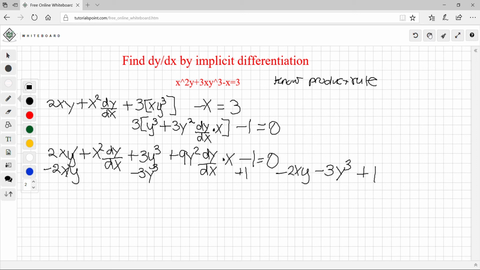Okay, so the 3y cubed cancels, and the 1 cancels. Now you're left with this, right? x squared dy/dx, and then 9y squared dy/dx times x. What do they have in common? dy/dx. So we can factor out a dy/dx.